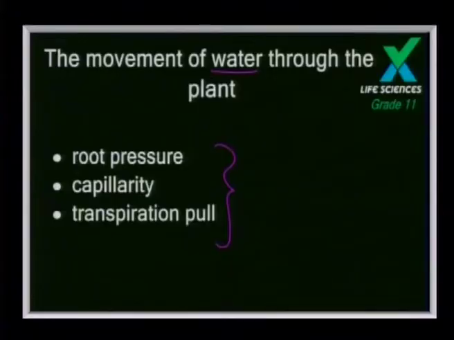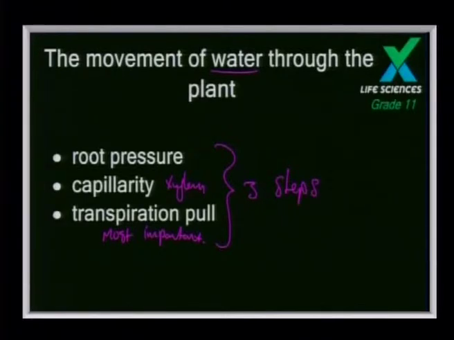And this transpiration pull, or suction force of transpiration, is the most important. Root pressure in the roots, capillarity in the xylem, and transpiration pull because of the leaves, those are the 3 steps to get water up a plant. That's how we get the water up the plant.